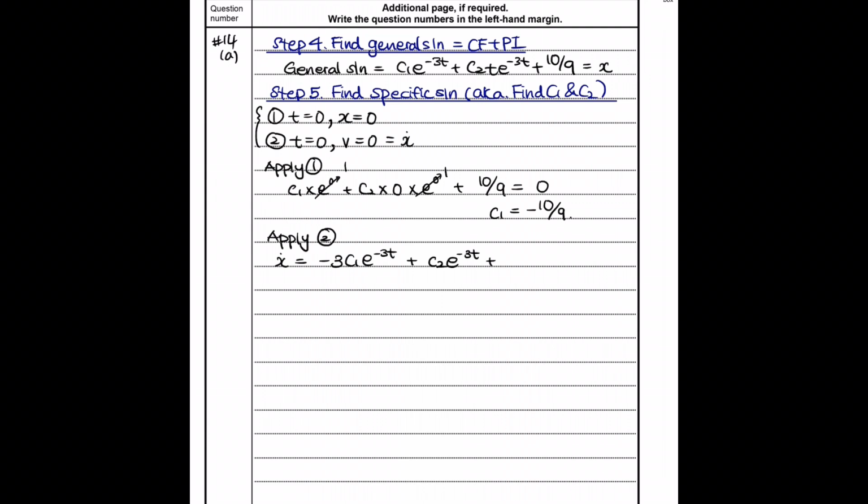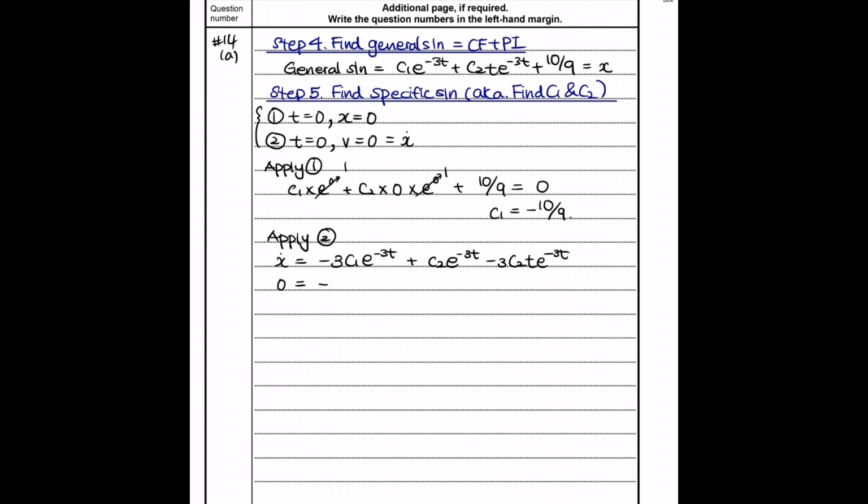Therefore, we have this term left. And then we're going to have another differentiation of e to the power of minus 3t. Then it will give you minus 3c2t e to the power of minus 3t. And then the derivative of the constant is just 0. So this is our differentiated general solution.